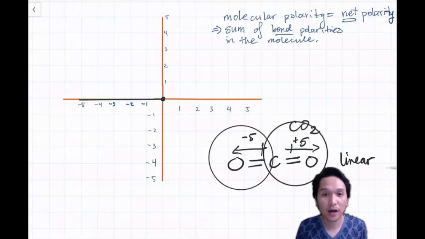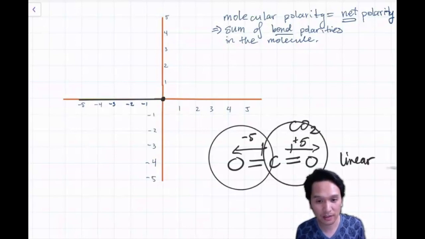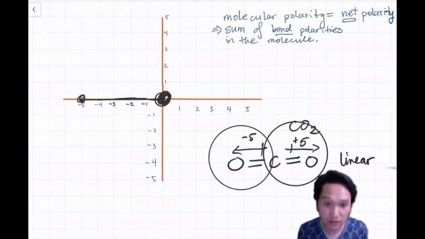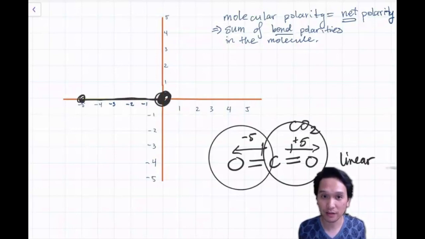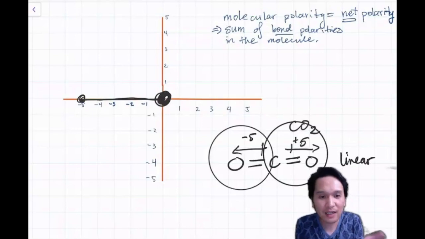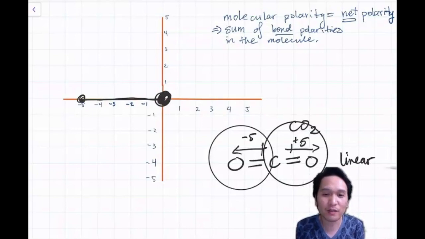The second bond is positive 5, so you go in the opposite direction on this graph. So from here, you go back to here, 5 units, right? So where do you end up? You end up at 0. Therefore, the sum is 0. So that's graphically. I know that was pretty simple. We didn't need to see that graphically, but this is important for my next example.